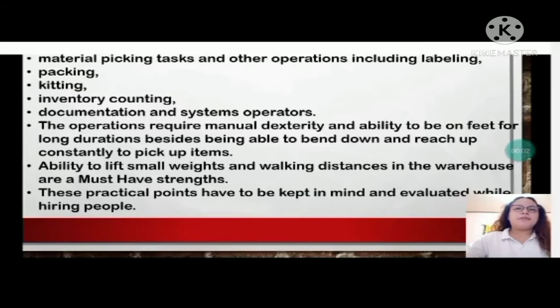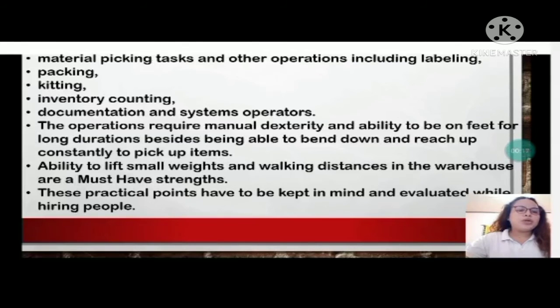Next is packing. The term packing refers to the whole process of packing and packaging a product. How are packing and picking related? Picking prepares the order before it is packed, and then the packing takes care of the packaging of the product. Next is the kitting.